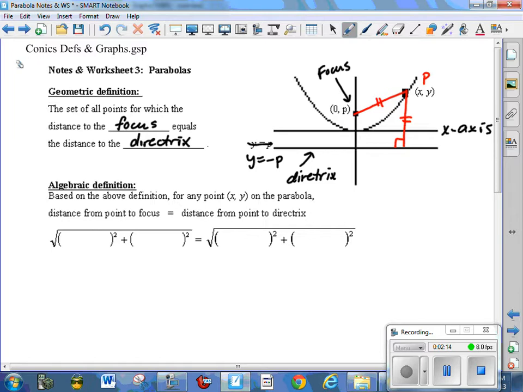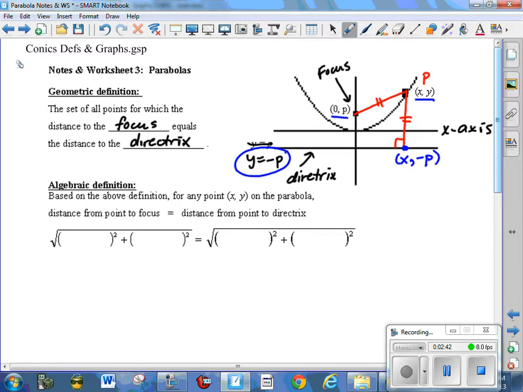Now because they're the same, we can use the distance formula to equate those distances, and we come up with the algebraic definition of the parabola. So let's label our third point. We have one point that's (0, p), another point that's (x, y), and then this third point is directly below (x, y), so it has the same x-coordinate, x, but its y-coordinate is now negative p.